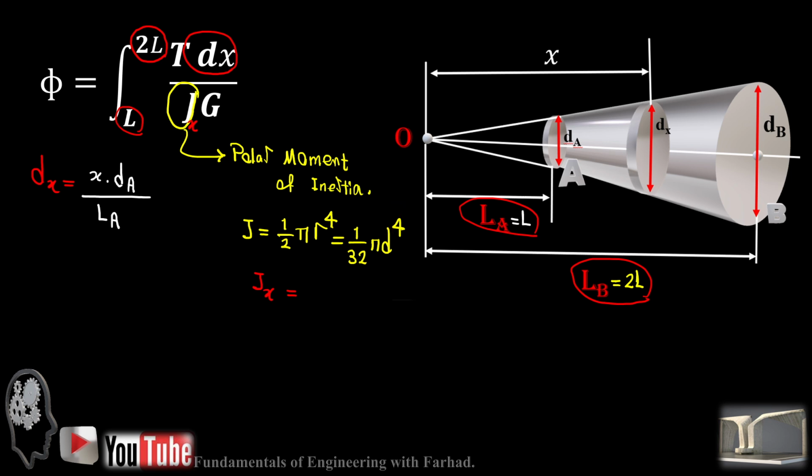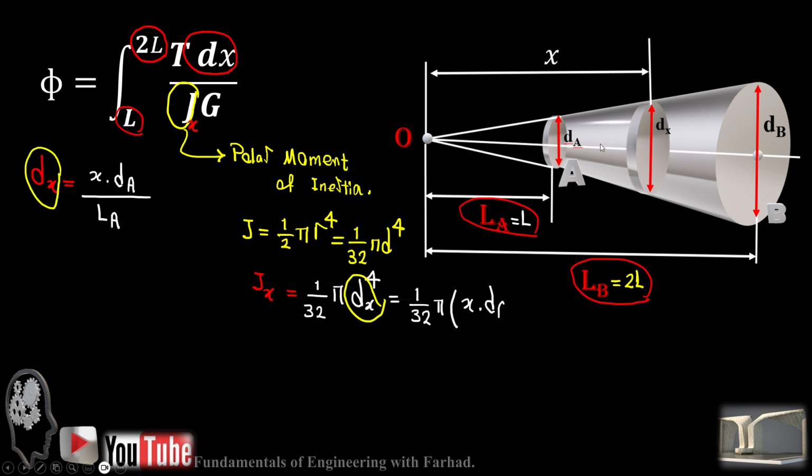And definitely Jx, which stands for our differential element, is 1 over 32 times pi times dx to the 4. Simply replace our equation for dx in the equation of Jx, and you will get this equation: 1 over 32 pi, in parentheses x dA over LA, close parentheses, to the 4th. You have your polar moment of inertia for the x section.